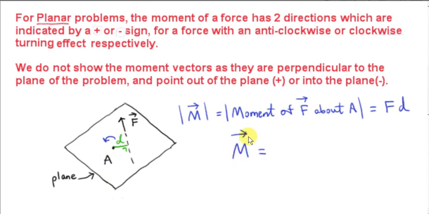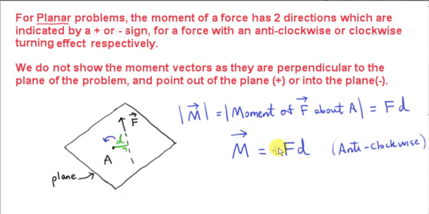So now if we want to talk about vector M, we just deal with this positive quantity. Well, F and d are just magnitudes, so they're automatically positive. But the moment vector will be positive. You can put a plus sign in to emphasize that if you like. Now, the plus sign is just a convention for an anti-clockwise turning effect. We could have used a different convention.